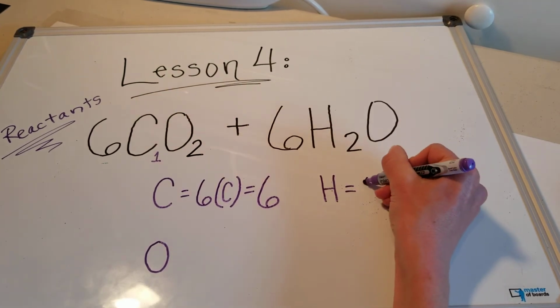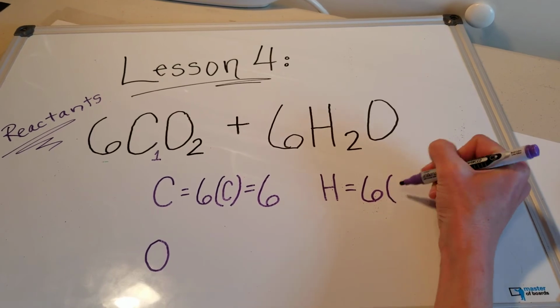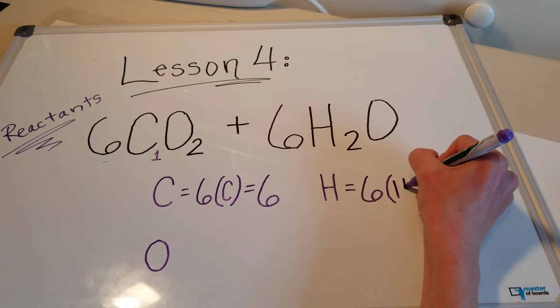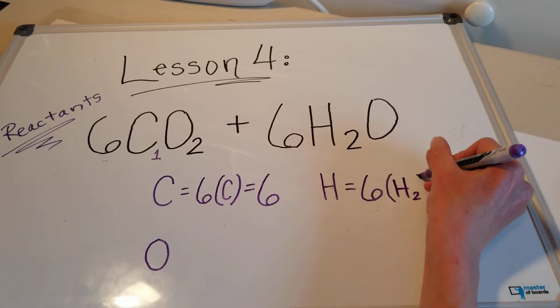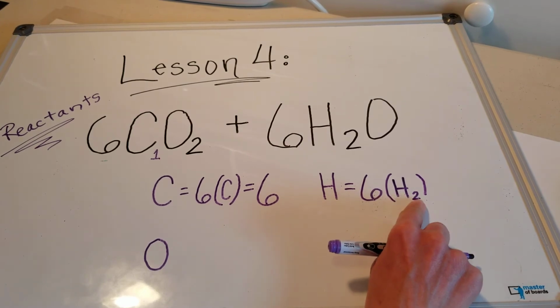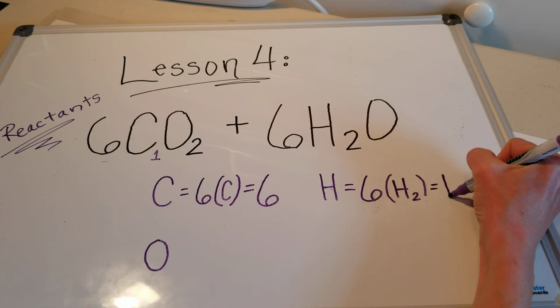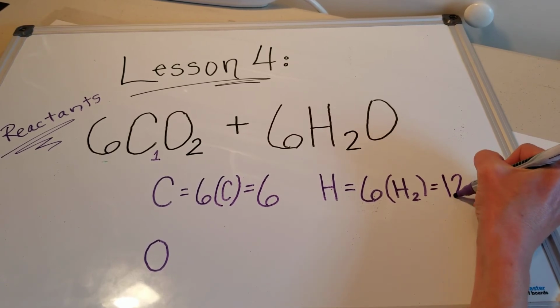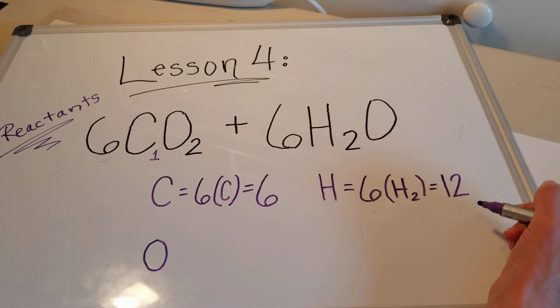So I'm going to write my 6. I'm going to write my H2. And I'm going to do the math, my 6 times 2, to get 12 total hydrogens. And most people truly do not write this out on a piece of paper.